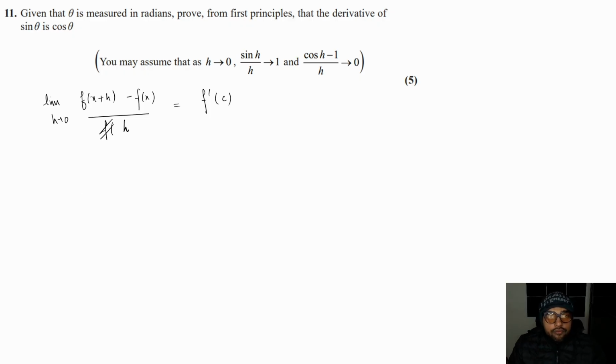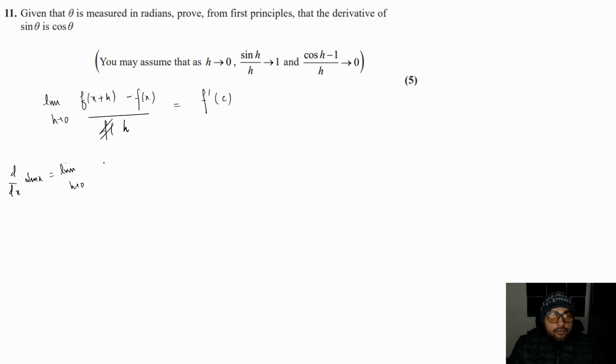From the first principle, the derivative of sin theta is cos theta. So let's say, limit of h tending to 0. This is the derivation of sin x we are calculating here, d by dx of sin x.